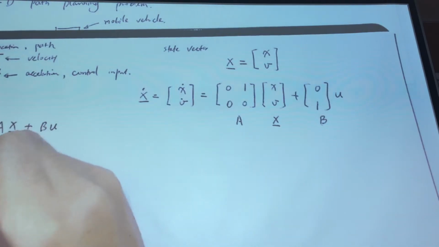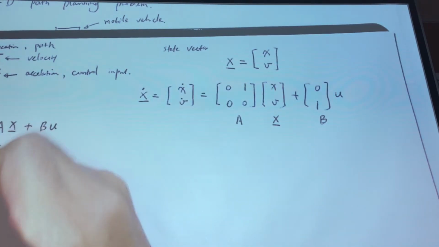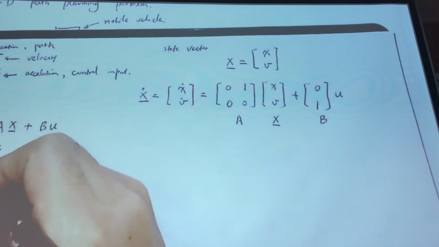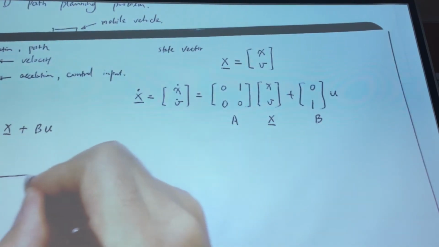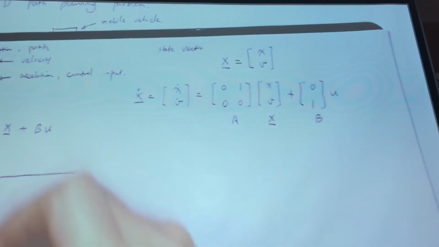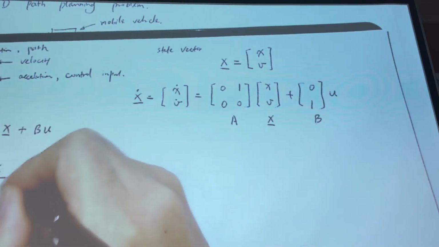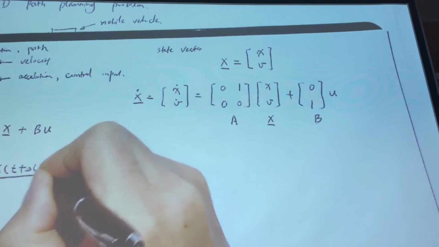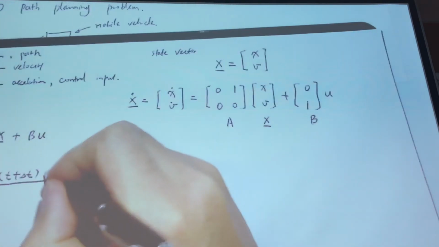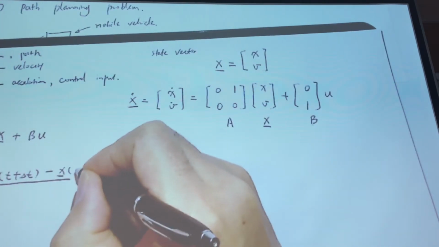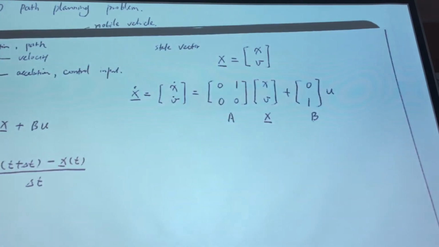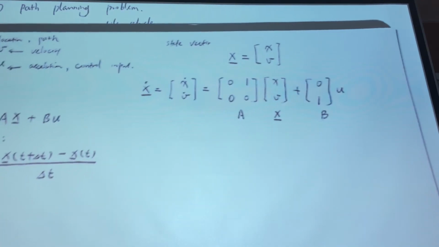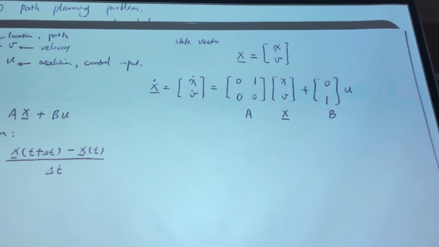So we know the derivative is defined by x at t plus delta t minus x at t, divided by delta t.